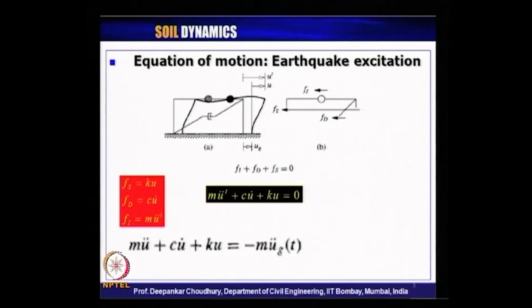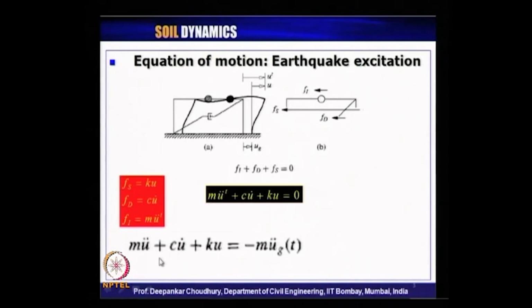The major points were we had discussed the formulation of the equation of motion when there is earthquake excitation, and we had identified that it is a forced vibration case with earthquake ground acceleration u g double dot t at ground level.